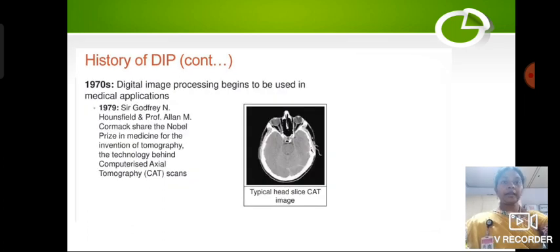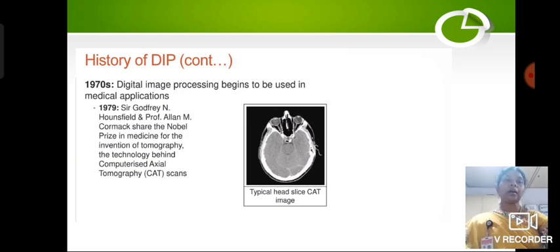And in the 1970s, digital image processing began to be used in medical applications. In 1979, Sir Godfrey Newbold Hounsfield and Professor Allan M. Cormack shared the Nobel Prize in Medicine for the invention of tomography, the technology behind the computerized axial tomography, that is CAT scans.